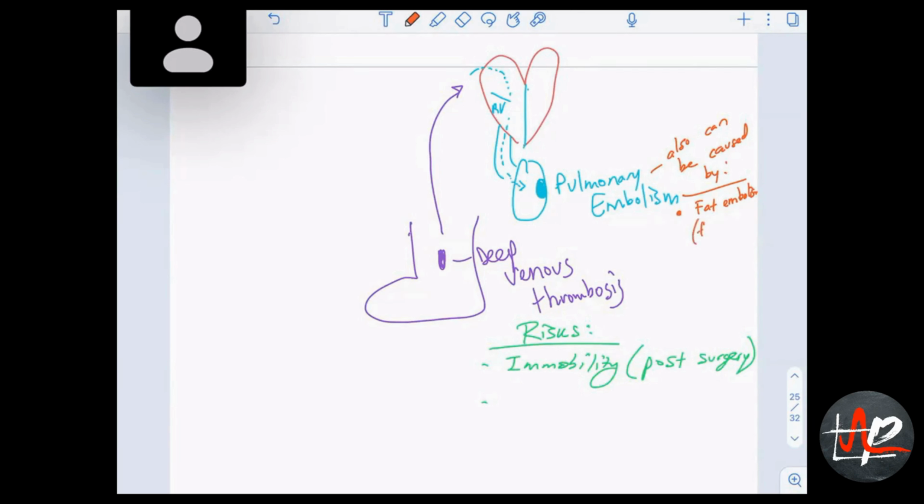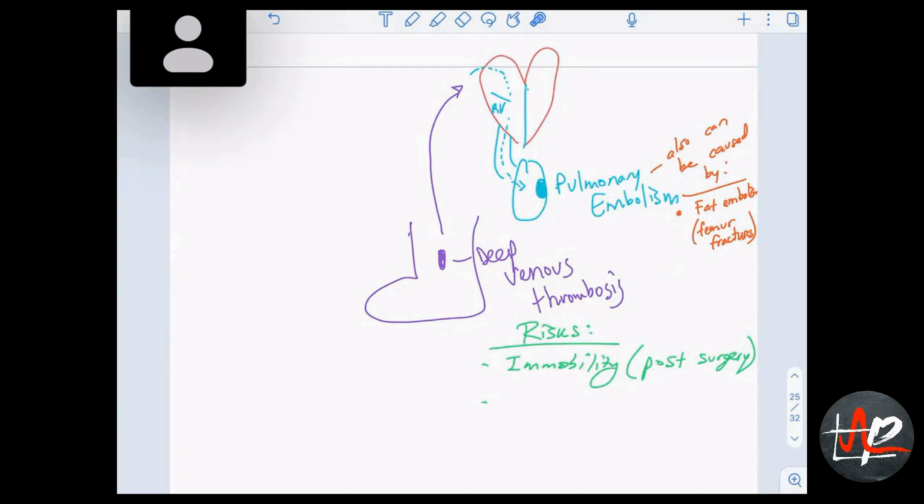So you need to know that for your surgery shelf exam. Femur fractures. Because there's a lot of fat in the femur bone, in the bone marrow. And when you fracture it, that fat can actually leave and get into your vasculature and embolize upwards and cause a PE. So definitely you want to look out for the fat emboli.